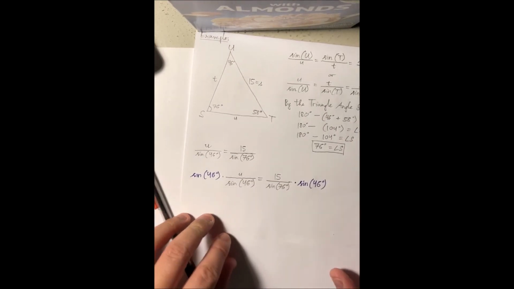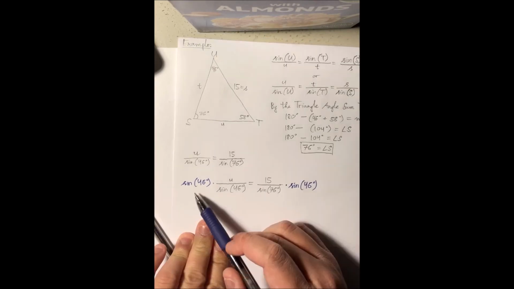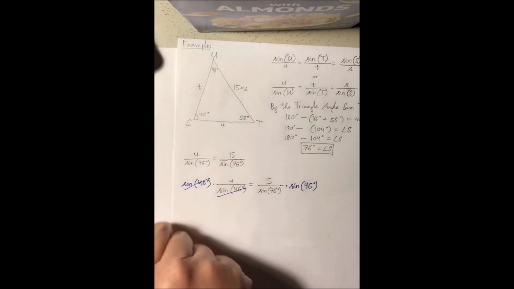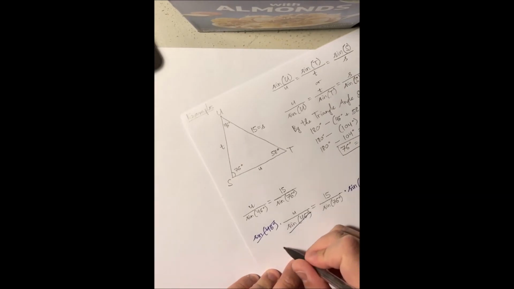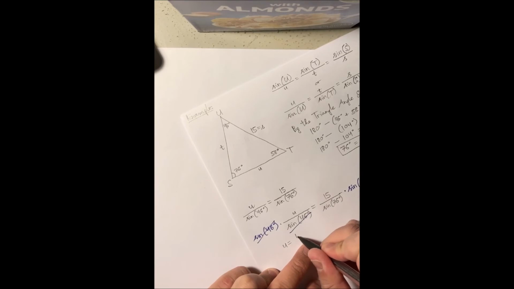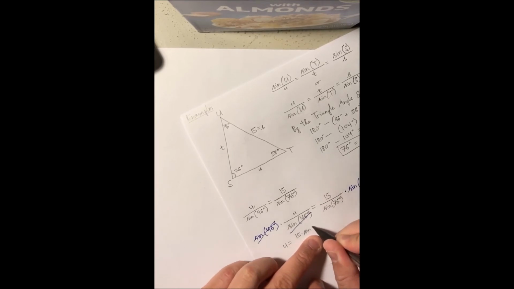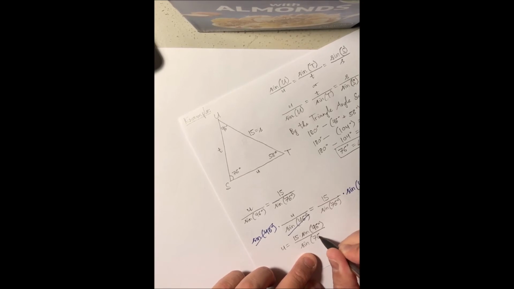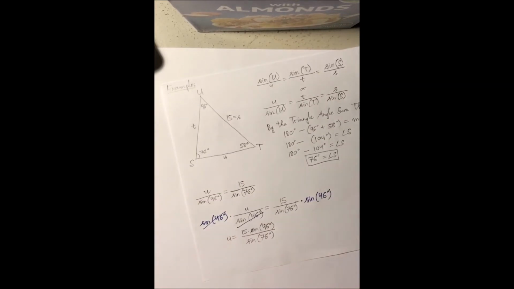Hopefully you guys can see it there. Cancel out the common terms. On the left hand side, we're left with lowercase u. On the right hand side, we're going to have 15 multiplied by sine of 46 divided by sine of 76 degrees.